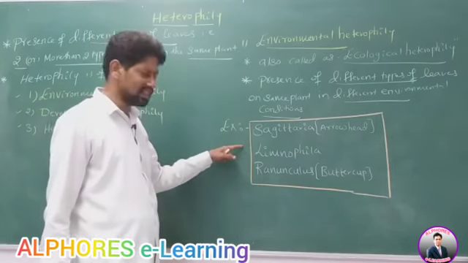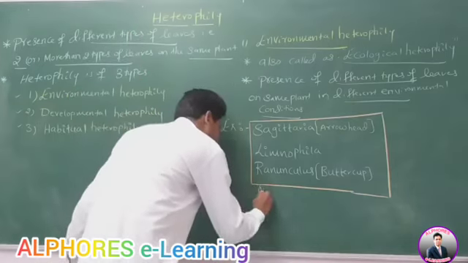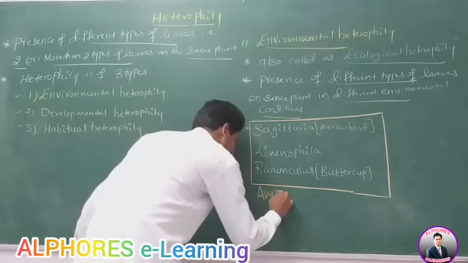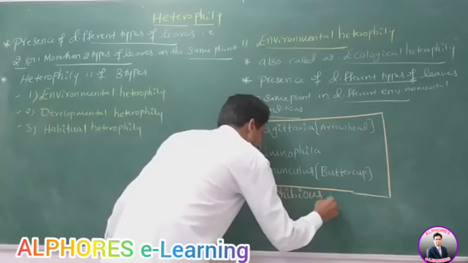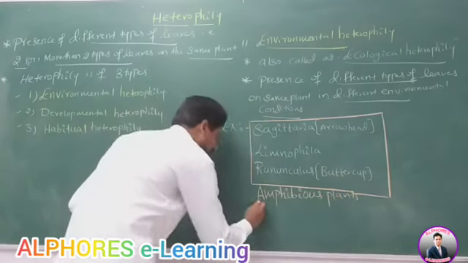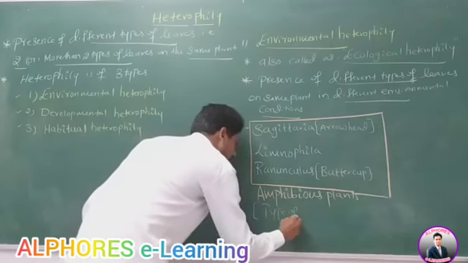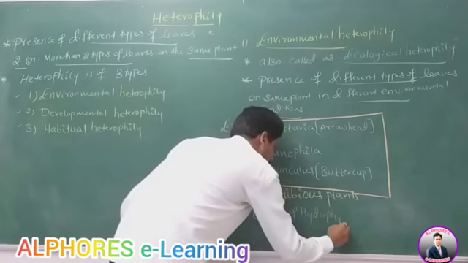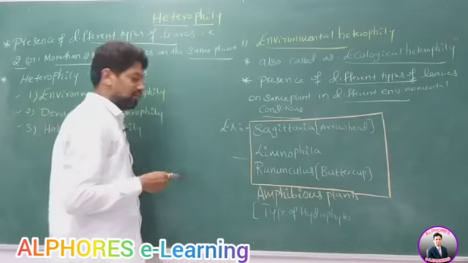These three plants are amphibious plants, and amphibious plants are a type of hydrophytes. In the case of these three plants, how many types of leaves are present?